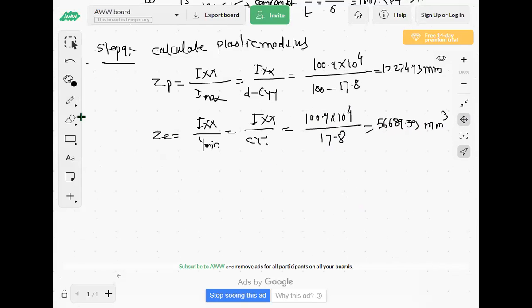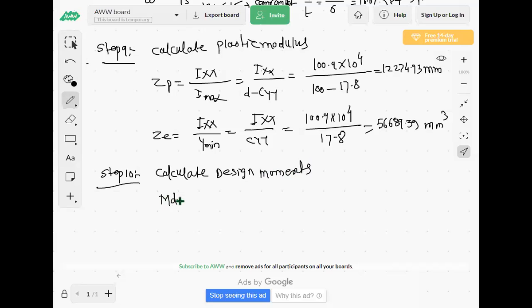So this is the step number 9. Now step number 10. Step number 10 is calculate design bending moment or design moments. Calculate design moments.